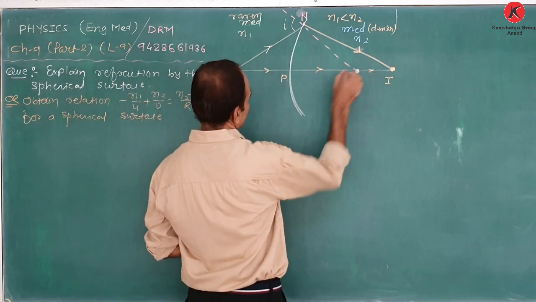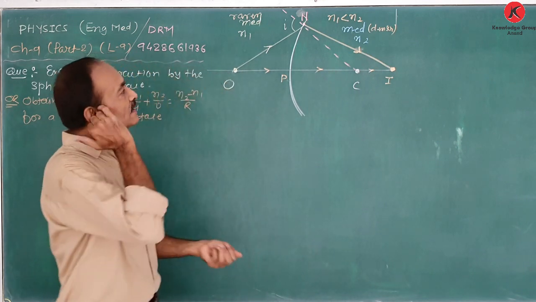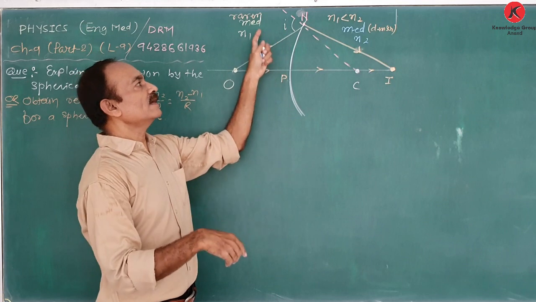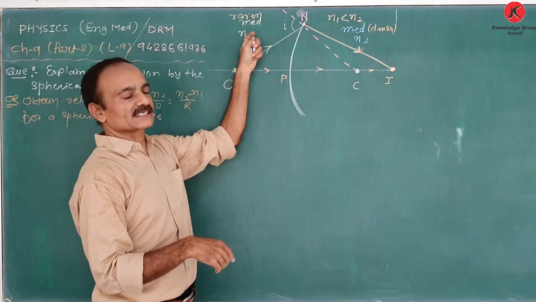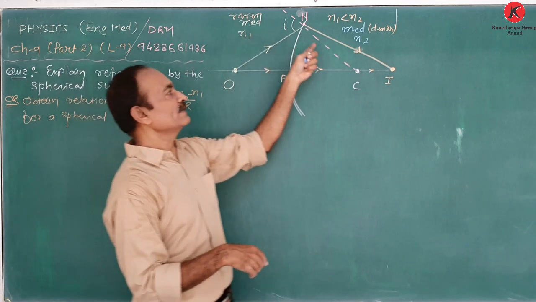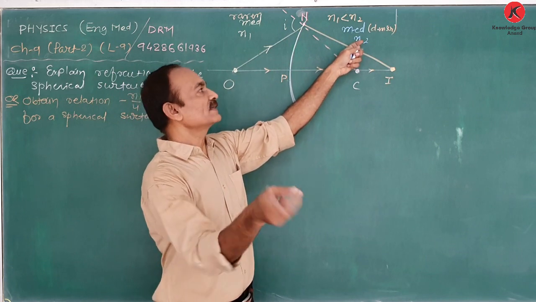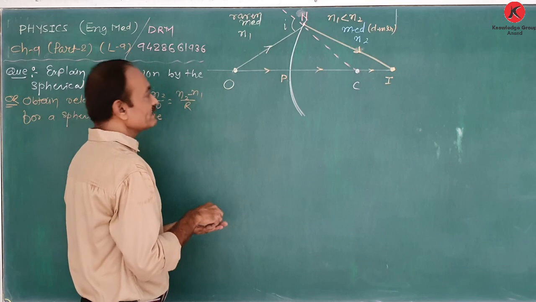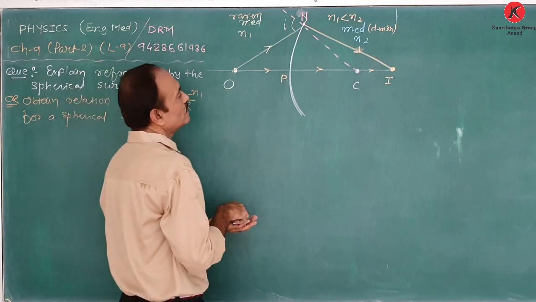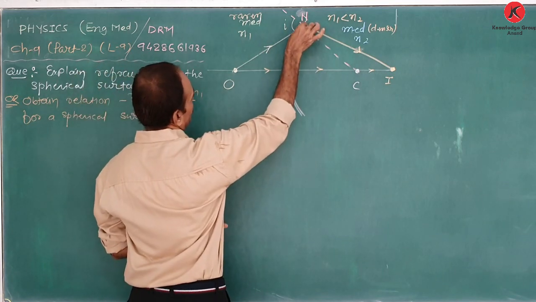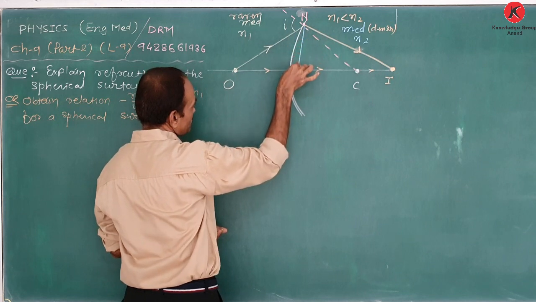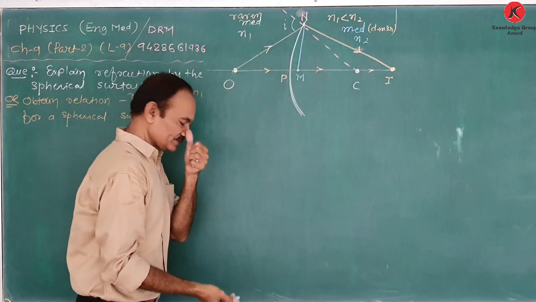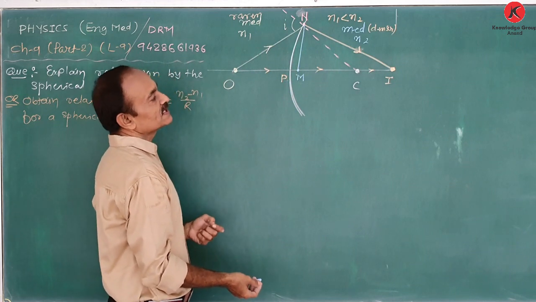Here the rays are incident from the medium having refractive index n1 and refracted into the medium having refractive index n2. Now we draw the normal NM on the principal axis.